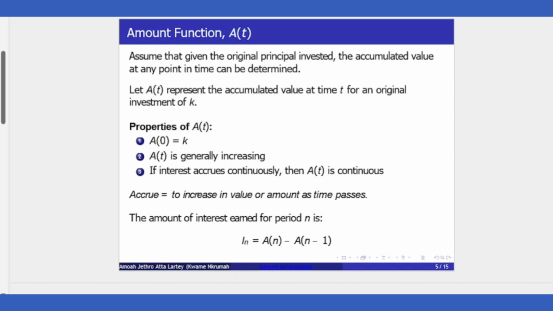Now let's get straight to the amount function. The amount function determines the accumulated value at any point in time. In actuarial notation, the amount function is capital A of t, capital A bracket open t.